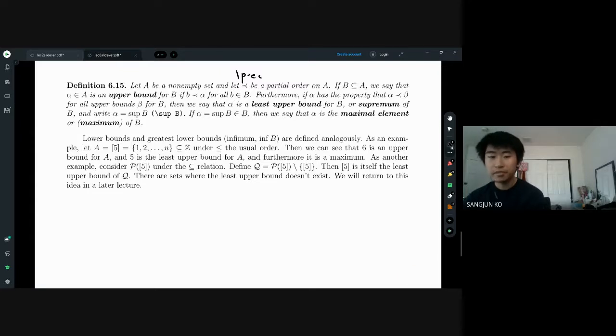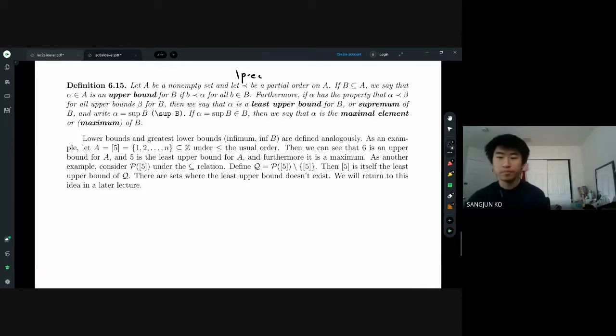If B is a subset of A, then we say that an alpha in A is an upper bound for B if b is ordered before alpha for all b in B. Furthermore, if alpha has the property that alpha precedes beta for all upper bounds beta for B, then we say that alpha is a least upper bound for B. Another word is the supremum of B, and we would write alpha is equal to sup B.